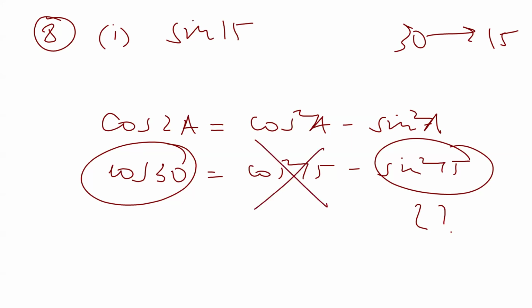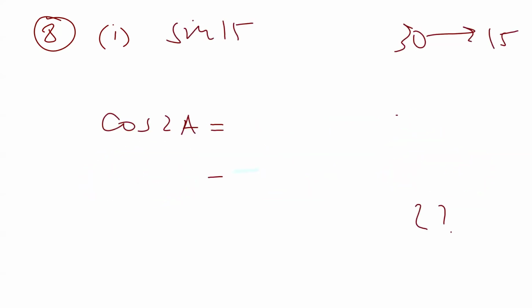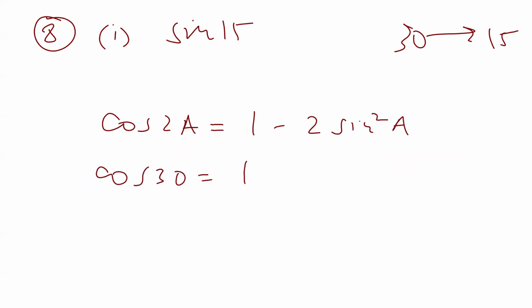Okay, let's check some other formula. We can write cos 2a as 1 minus 2 sine square a. So cos 30 is equal to 1 minus 2 sine square 15. Now see, we have only one unknown over here, that is sine 15. So this formula is quite applicable in our context.